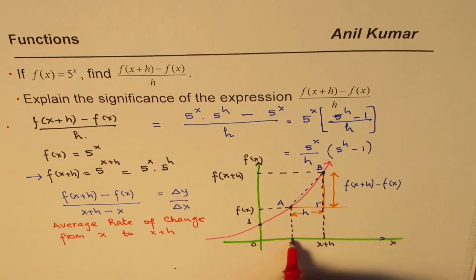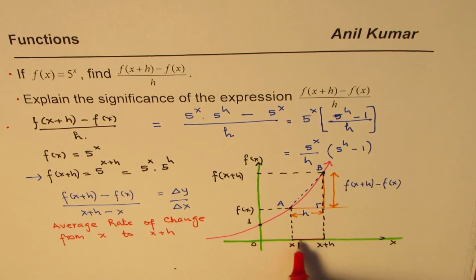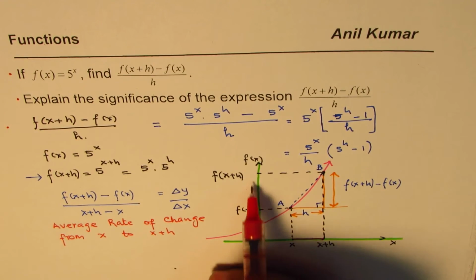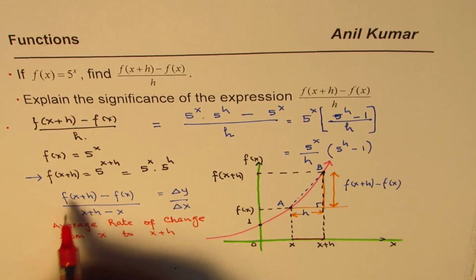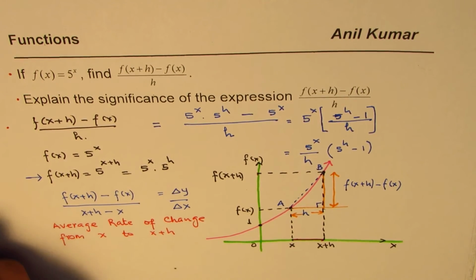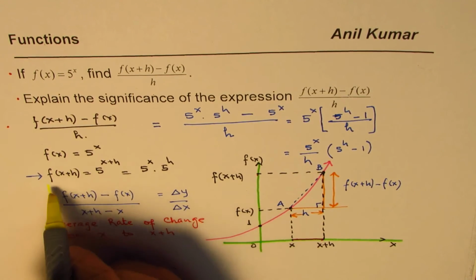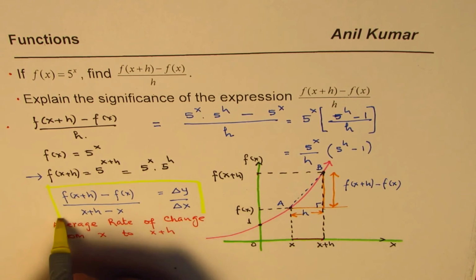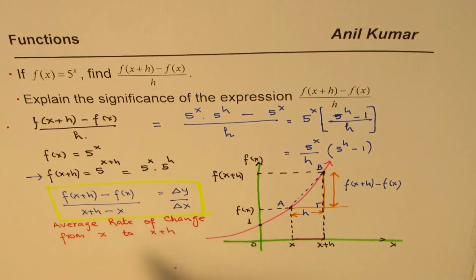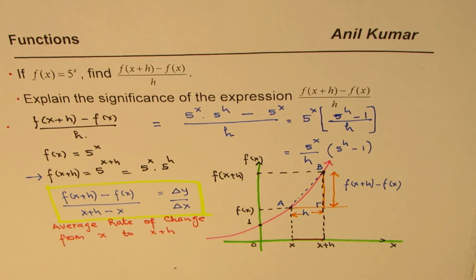So as you move from here to there, the average rate of change in the value of the function is represented by this expression, f of x plus h minus f of x, divided by x plus h minus x, which is h, right? So that is what it represents.